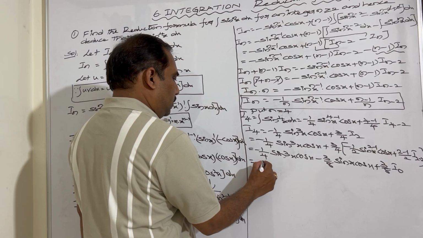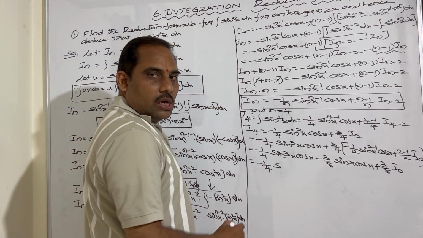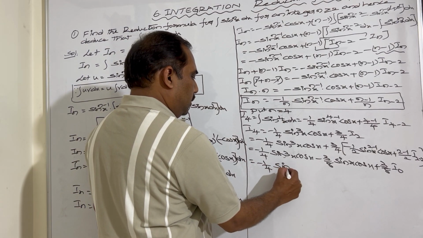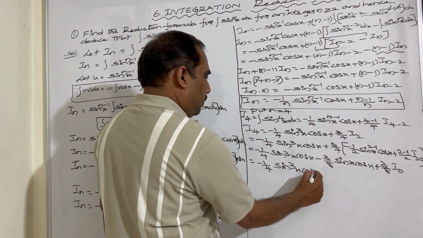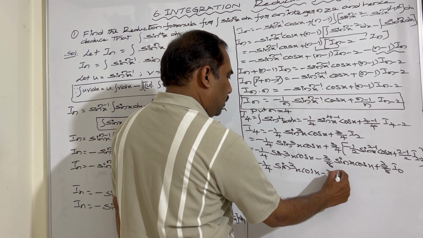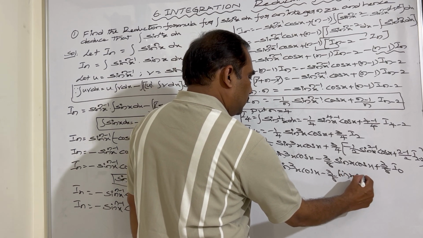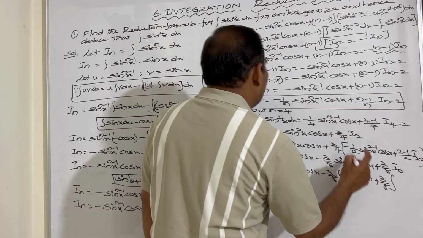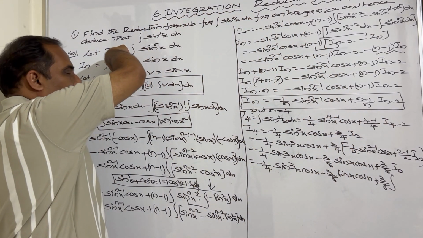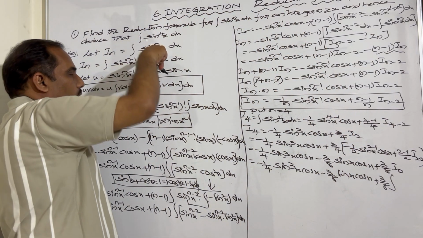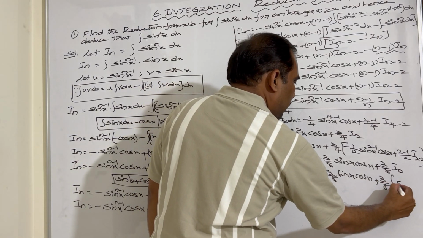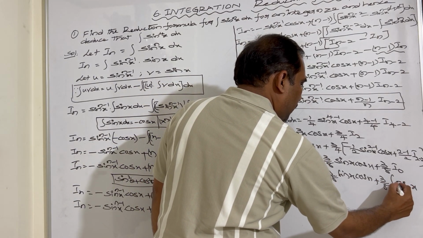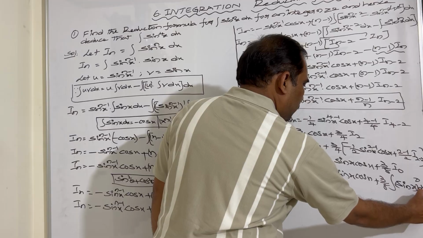Now which is equal to minus 1 by 4 into sin cube x into cos x, and minus 3 by 8 into sin x into cos x, and plus 3 by 8 into integral I0, means again you have to substitute here n is 0, then we get here sin x whole to the power of 0 into dx.